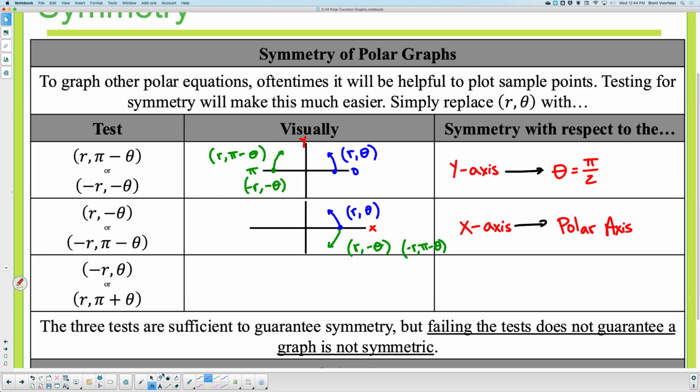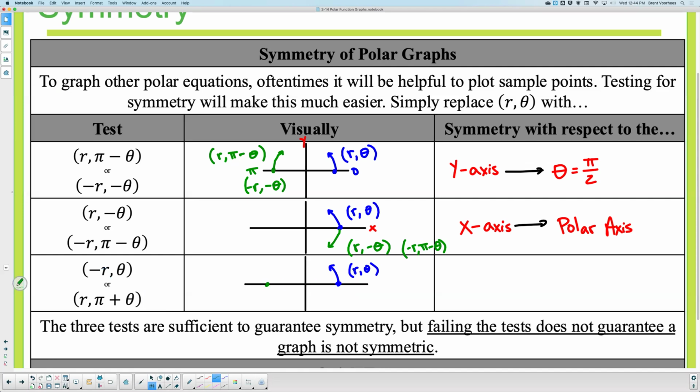Finally, last type of symmetry, you could guess it from earlier this year. If it's not symmetry with the x-axis and not symmetry with the y-axis, but still symmetric, we'd say it's symmetric with the origin. So you're going to start on the right, curve it up visually. That's r comma theta. What this is saying is you can start with the same theta and move this way, but instead of a positive r, it's a negative r, which means it's across and going this direction.